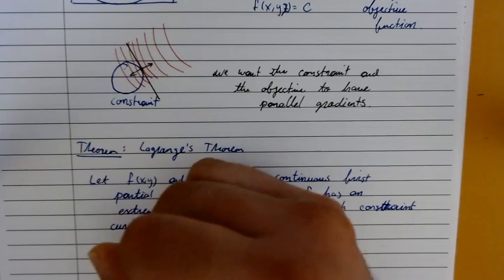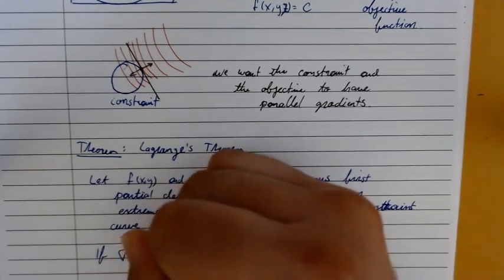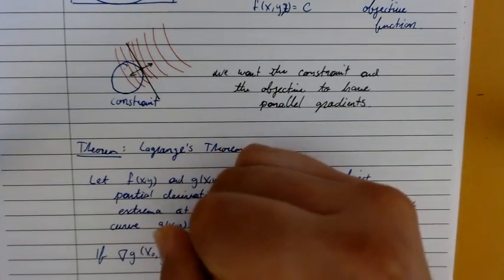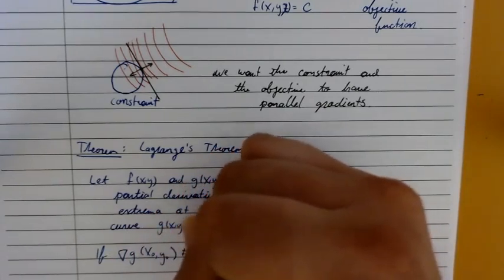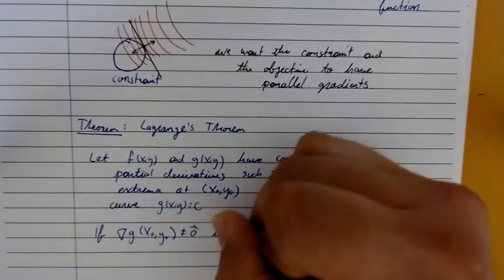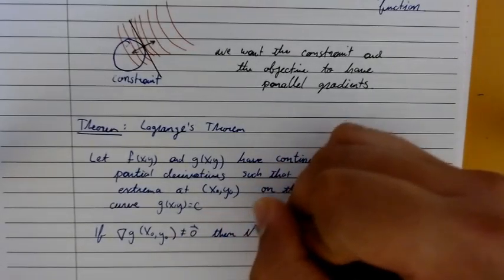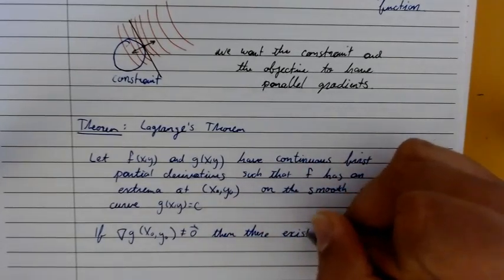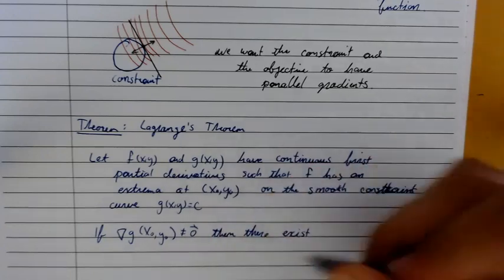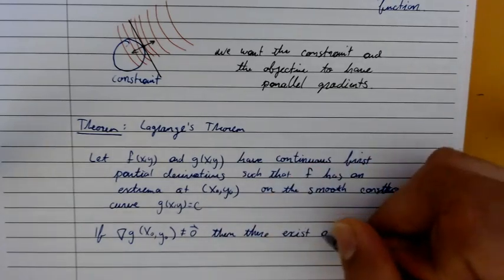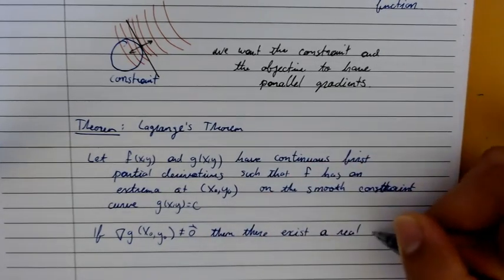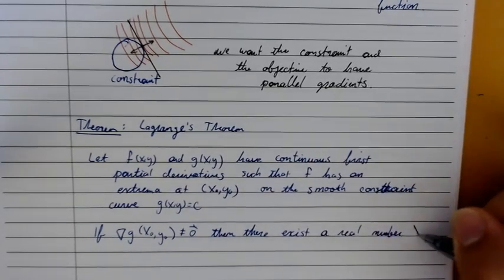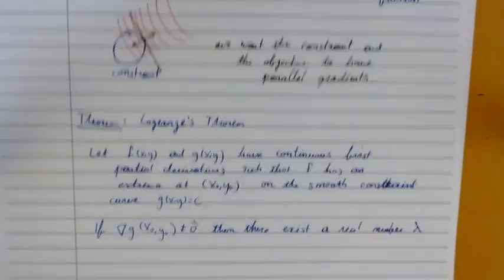If the gradient of g at x naught comma y naught is not identically the zero vector, then there exists some real number, which in his theorem he used the symbol lambda.